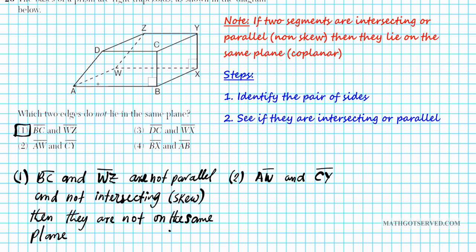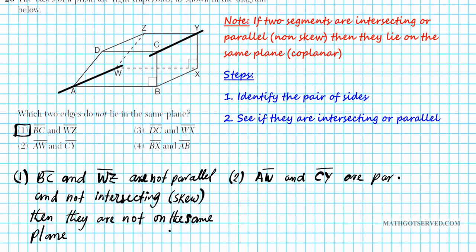What do you notice about them? AW and CY. These two lines are parallel. Okay? So if they're parallel, you can see that you can draw a plane that goes through both of them. It's basically like the diagonal of this trapezoidal prism. So AW and CY are parallel.